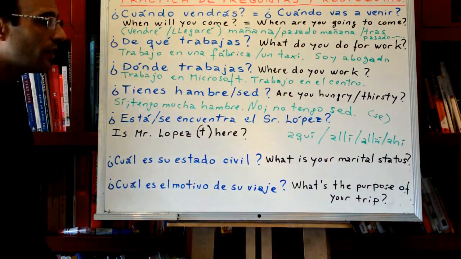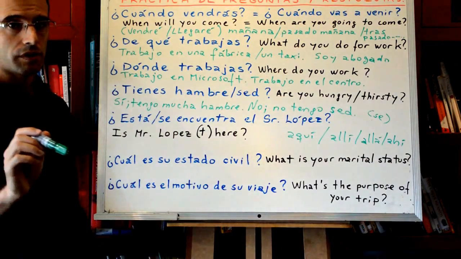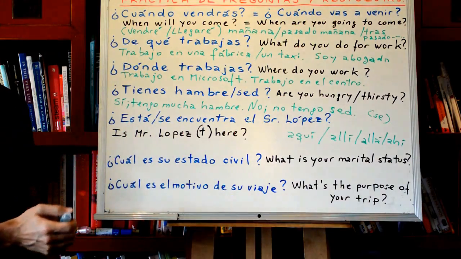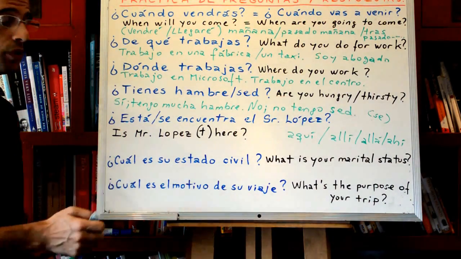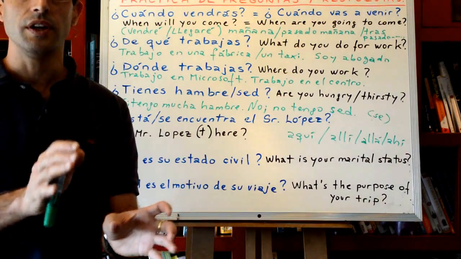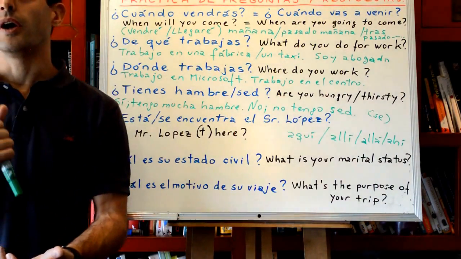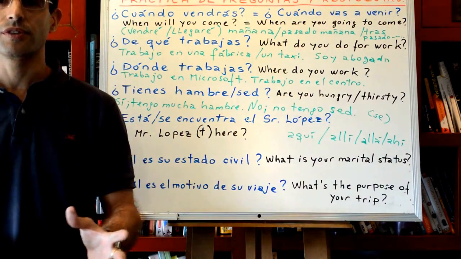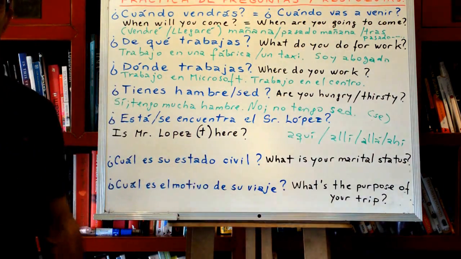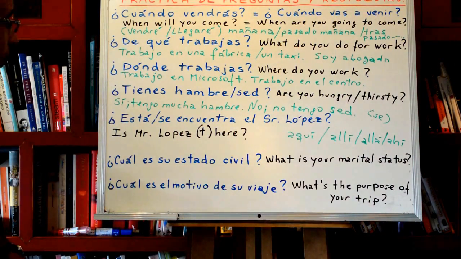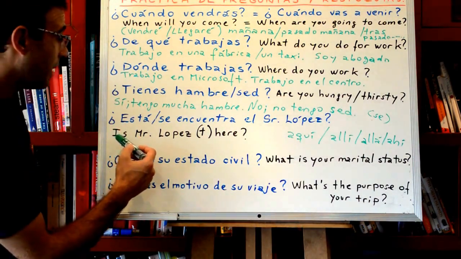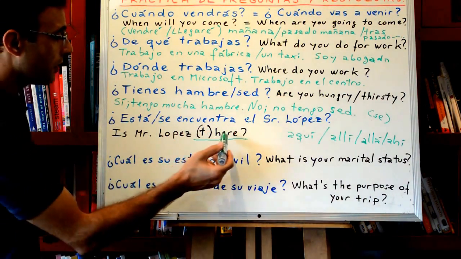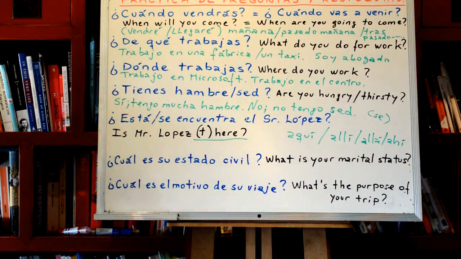So, we do not say, most of the times, here or there in this kind of sentences, okay? We just use the verb to be without here or there. And the context tells us, or makes it obvious, if we are talking about here or there, okay? That's why here, when I translated the sentence, I wrote it like this, because it can be here or there, okay?